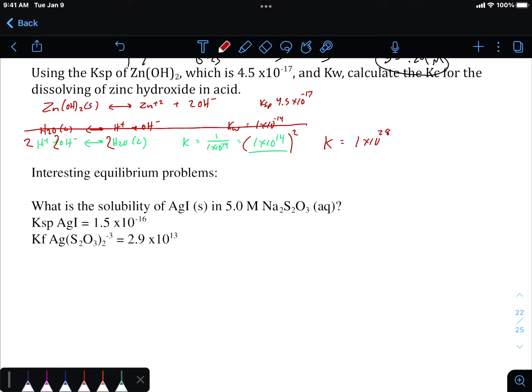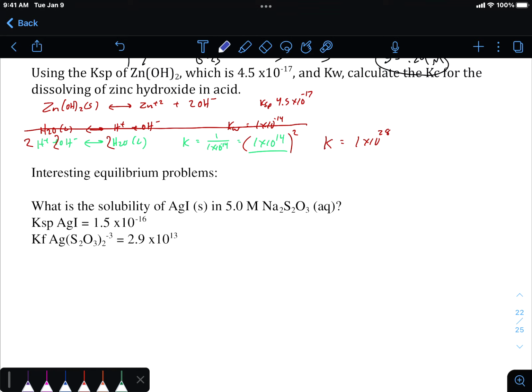Okay, so we made two alterations to the given equations, right? We reversed it, and then we multiplied it by a coefficient of 2. That factor of 2 that we multiplied by is the exponent of the K, and that's why we end up with 1 times 10 to the 28th. Now can we cancel?